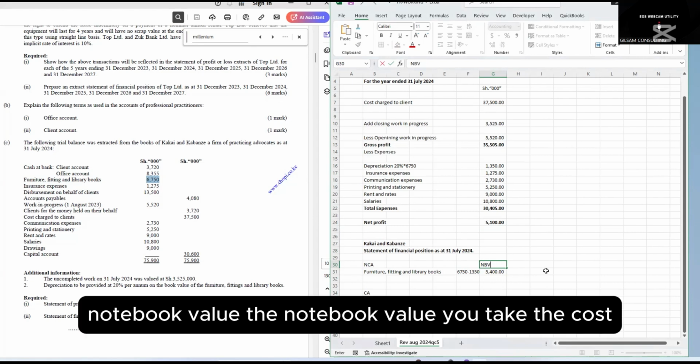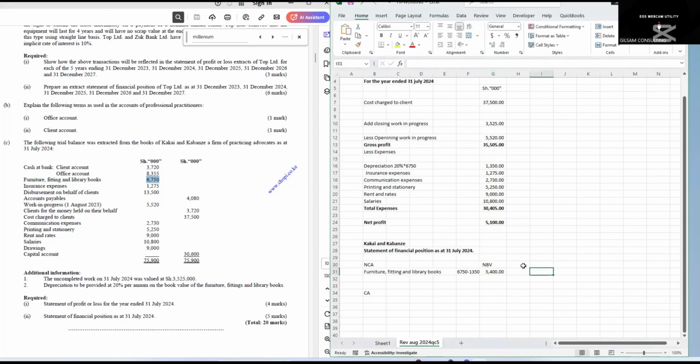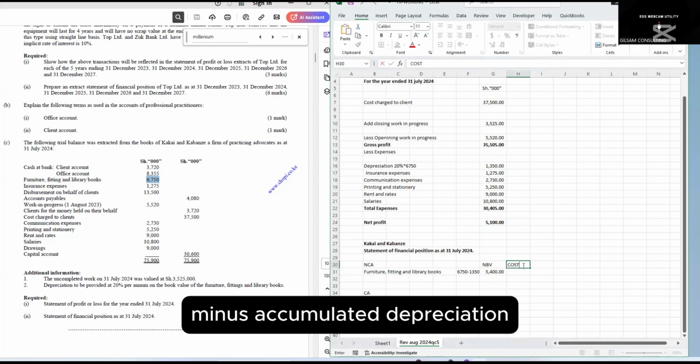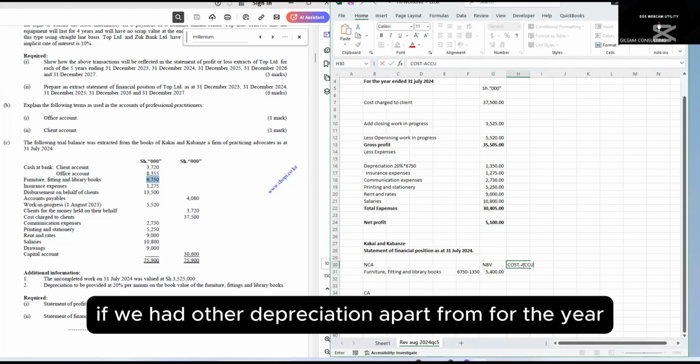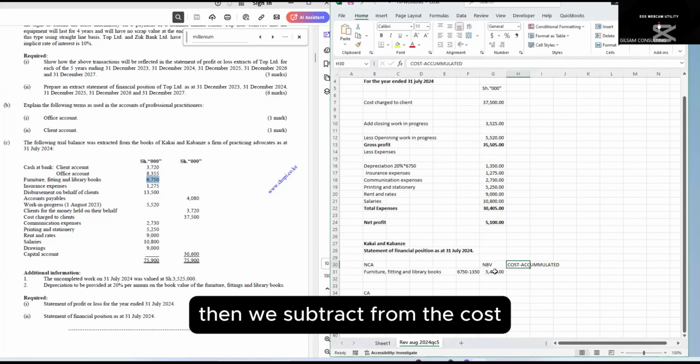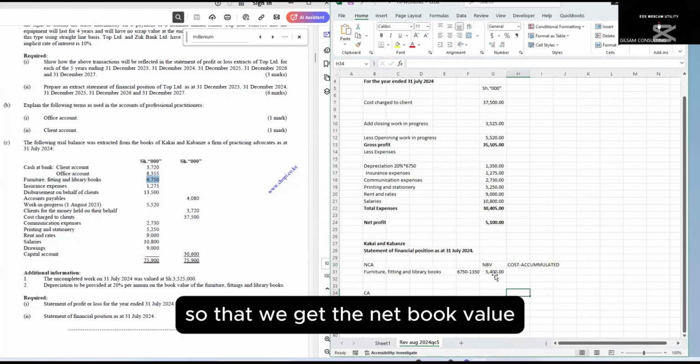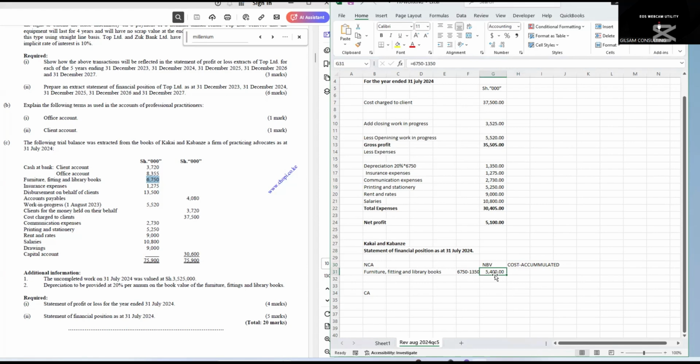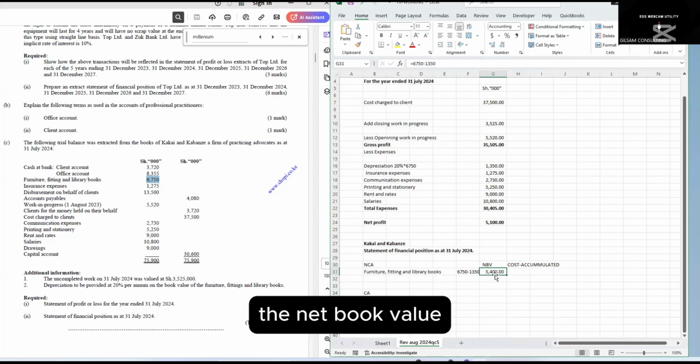The net book value, you take the cost minus accumulated depreciation. If we had other depreciation apart from for the year, we have to accumulate all of them. Then we subtract from the cost so that we get the net book value.